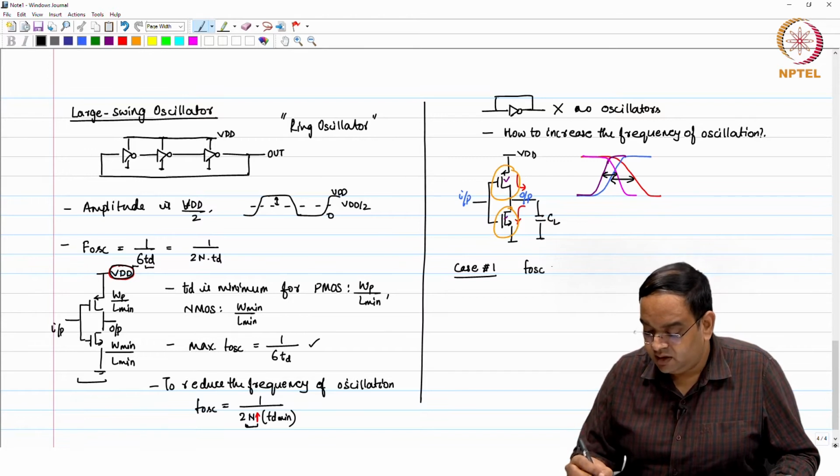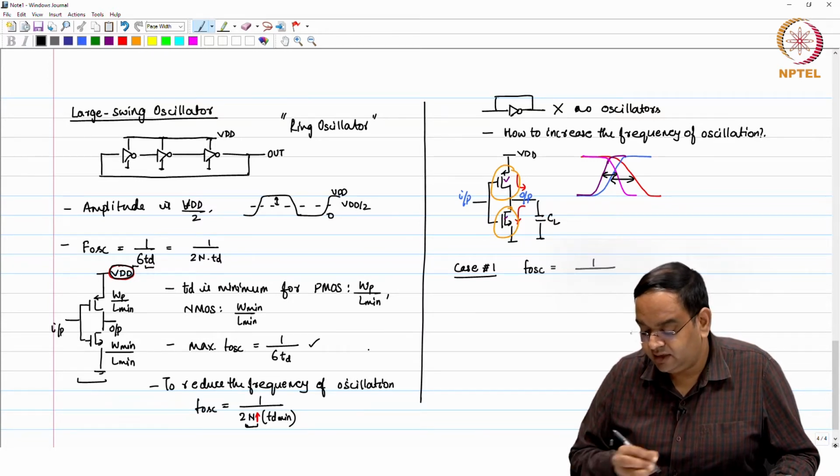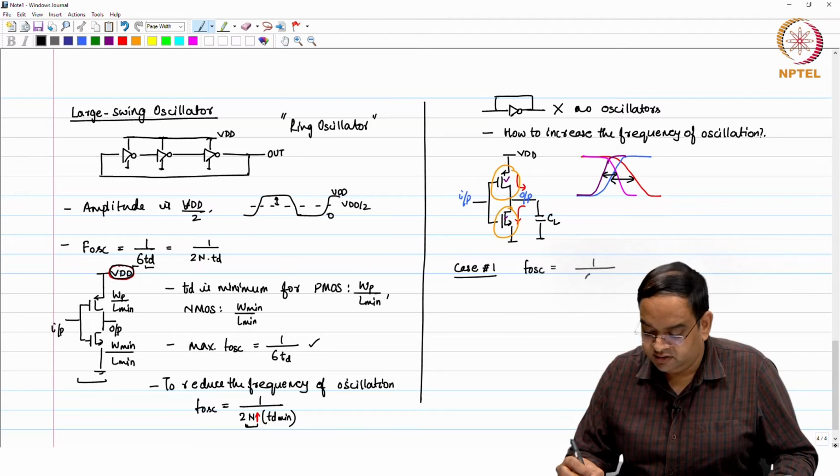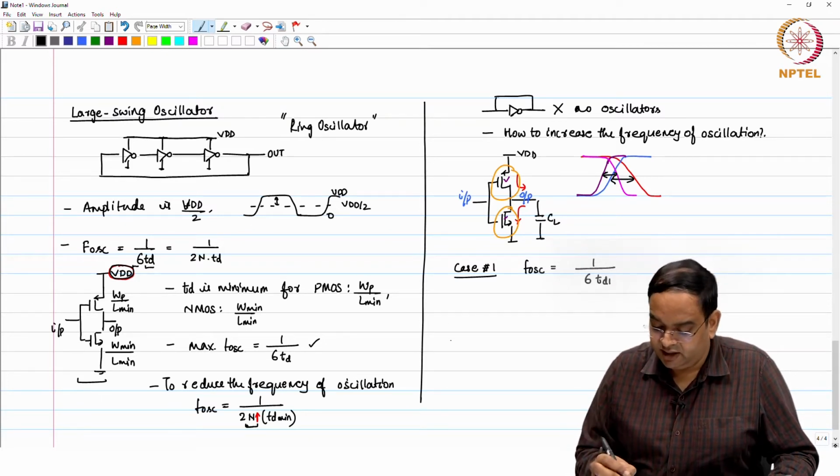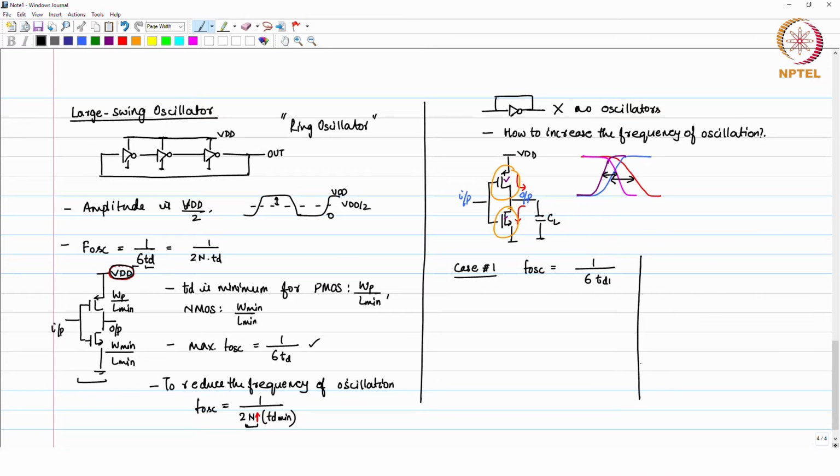Now, just consider two cases where I am trying to realize the same frequency of oscillation, F oscillation. In one case I have, let us say, 3 inverters with delay TD1, and in the other case the frequency is the same, but I am going to 2.